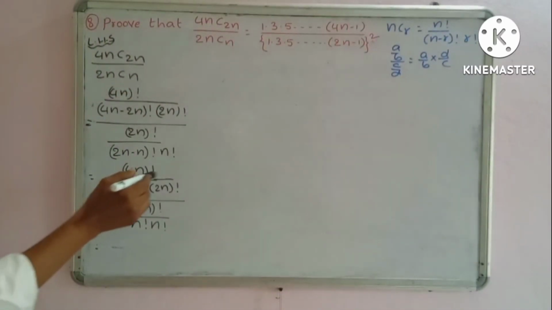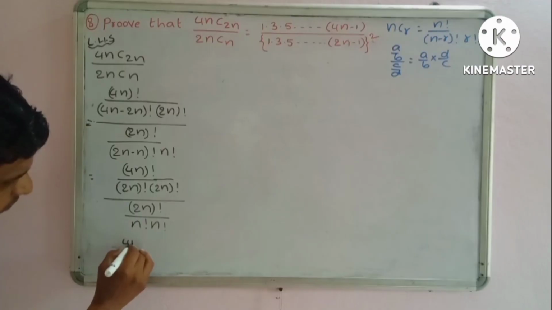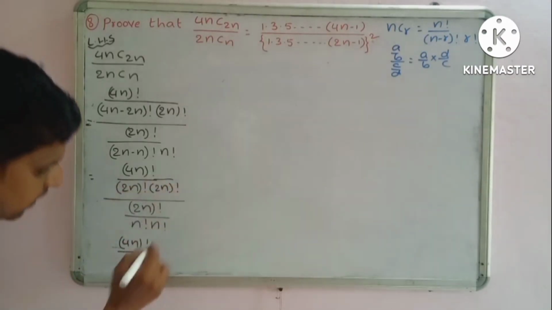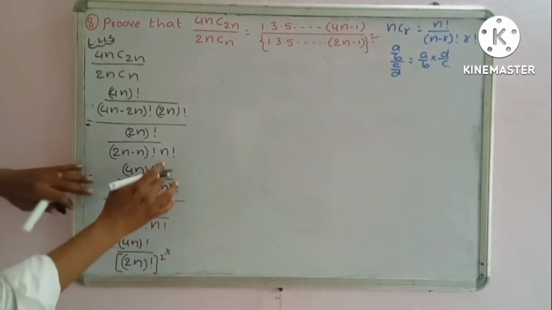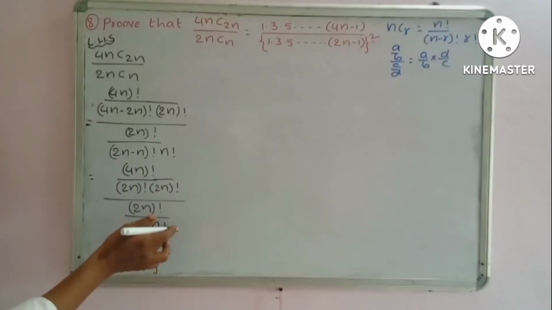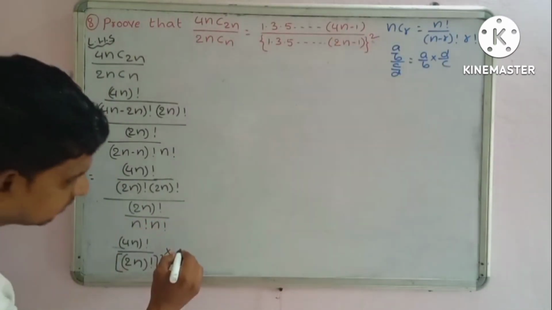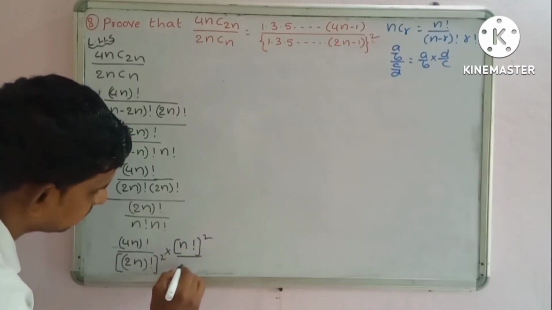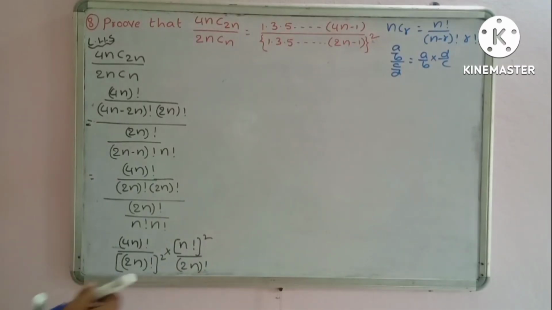So a by b is 4n factorial by 2n factorial into 2n factorial, that is 2n factorial whole square, into the reciprocal of c by d. What is d here? n factorial into n factorial, so n factorial whole square by 2n factorial.